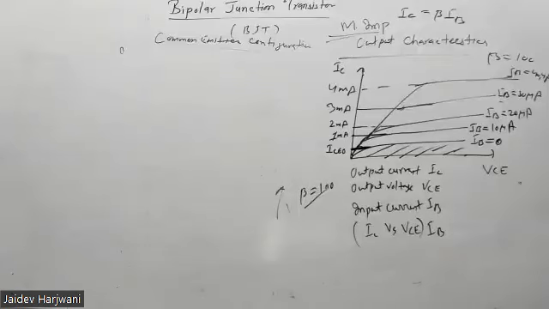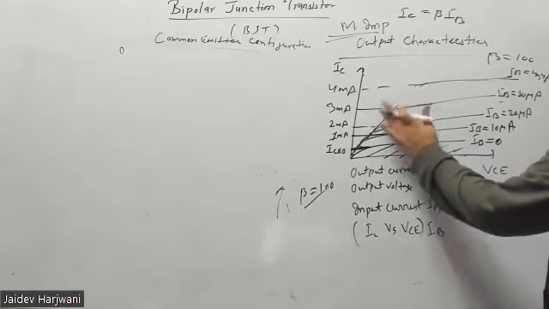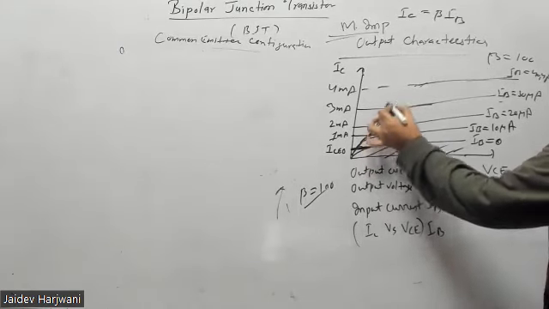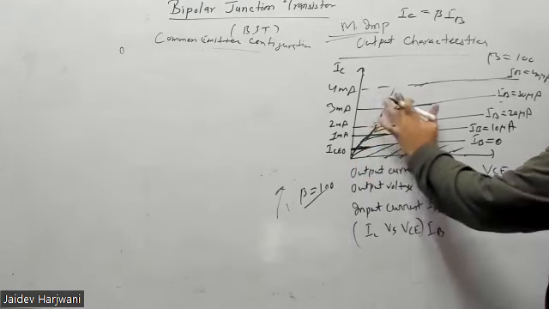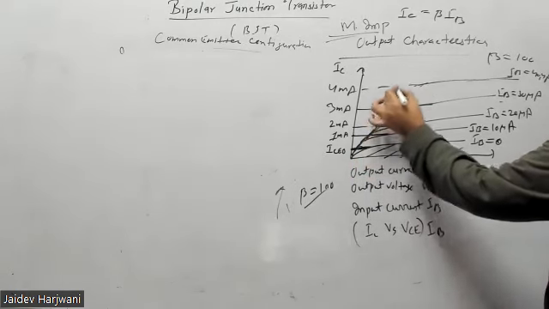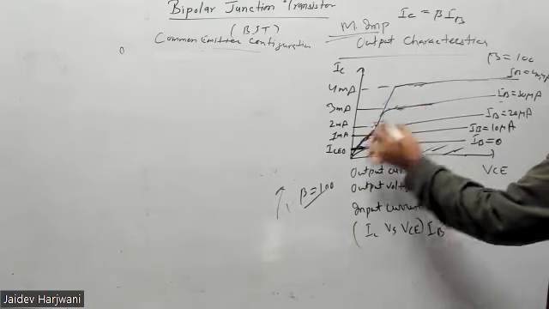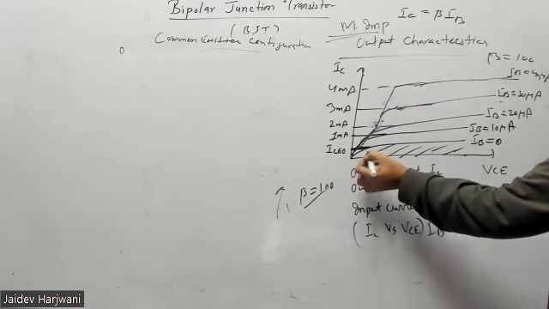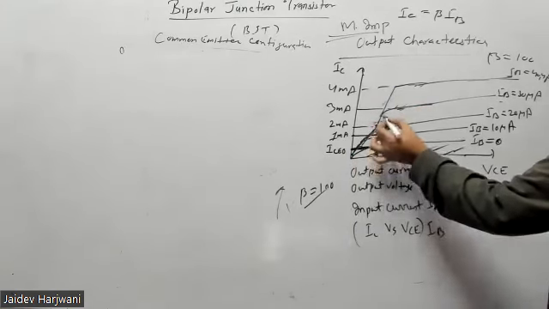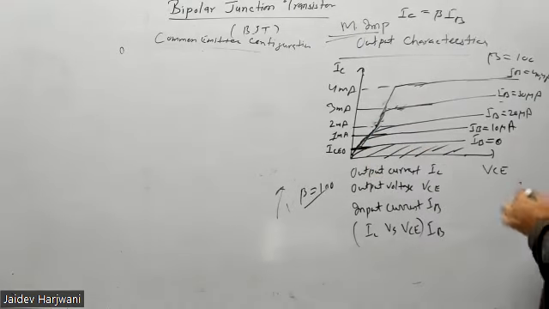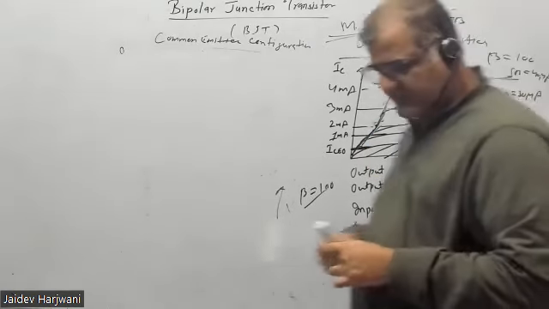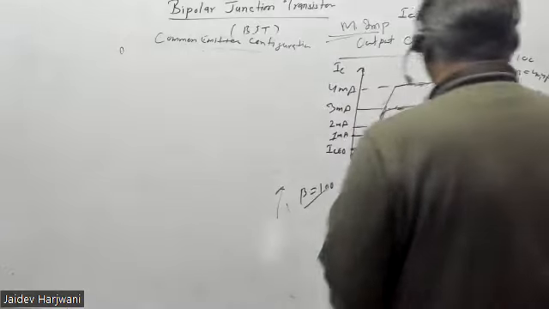No issue. This should be slightly more like this. Understanding. I am a little tilted more. You can make it here. Now, what is the important in this curve to understand? We want to understand this curve.